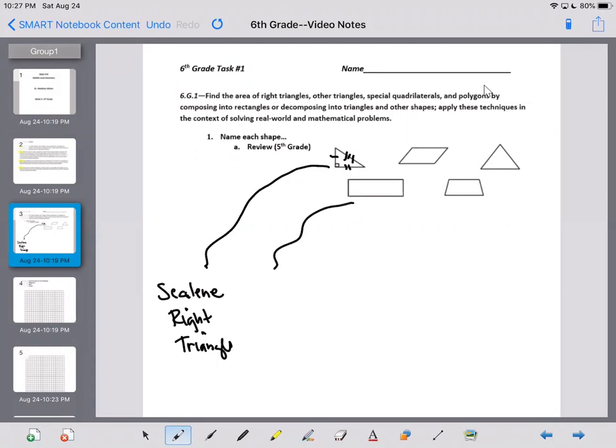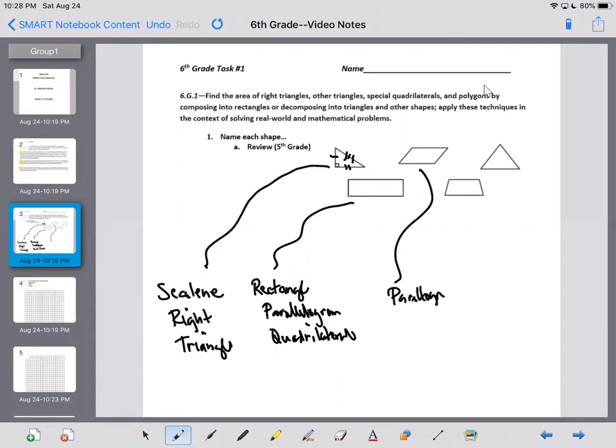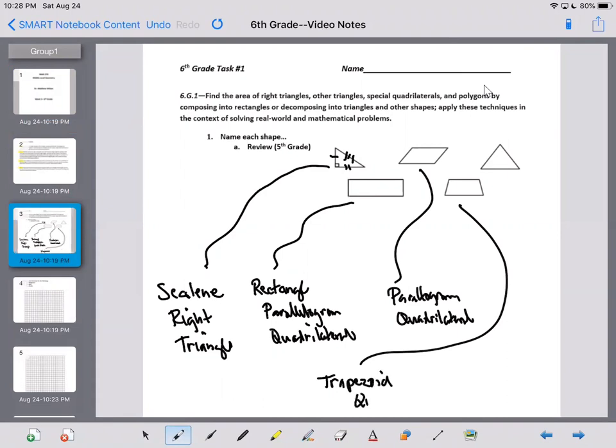Here we have a general rectangle, also known as a parallelogram, and it's a quadrilateral. Here we have a parallelogram, and it's also a quadrilateral. And this would be a trapezoid, also a quadrilateral.